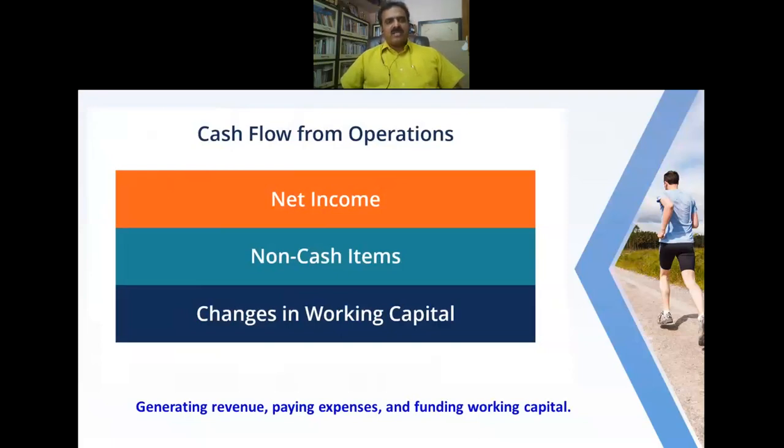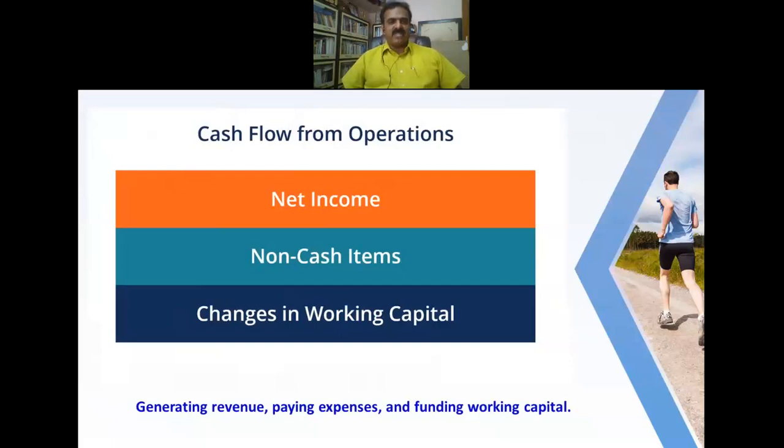When it comes to cash flow from operating activities, there are three things to be considered: net income, non-cash items, and changes in working capital. The operating activities consist of generating revenue. This revenue can be generated by paying certain expenses and flow of funds. These non-cash items may pertain to a dividend paid or a tax paid, etc. And the changes in working capital pertain to the current assets and current liabilities.